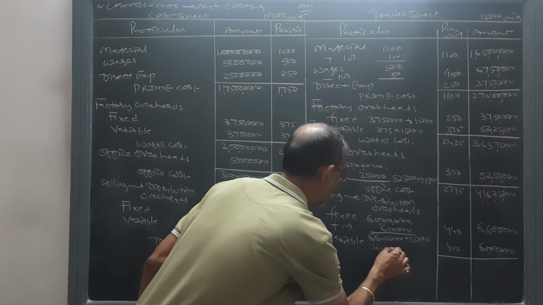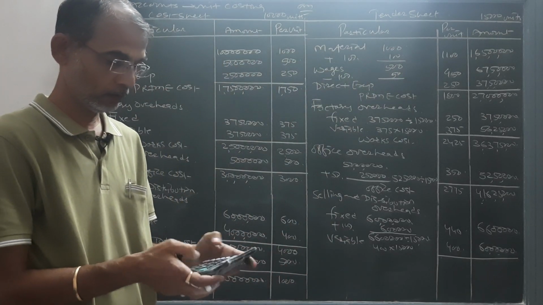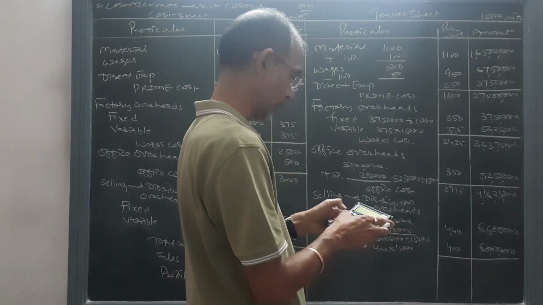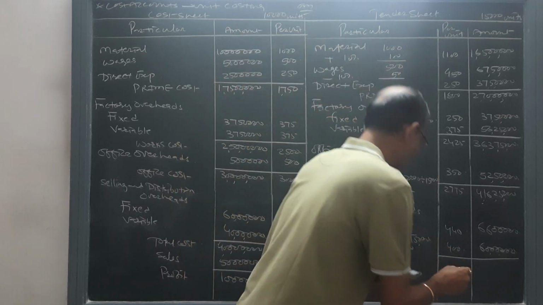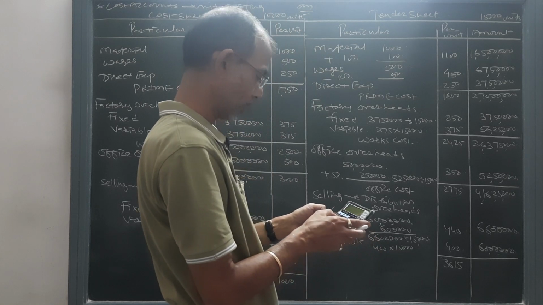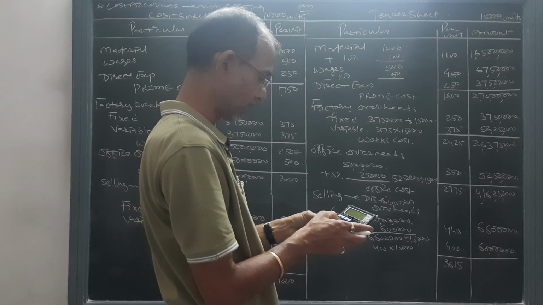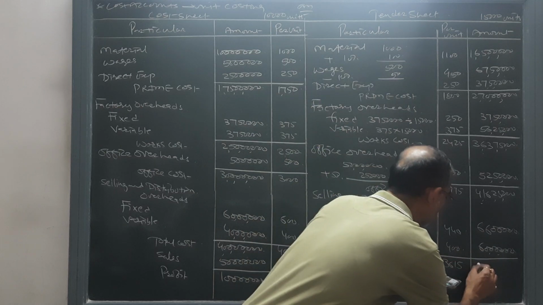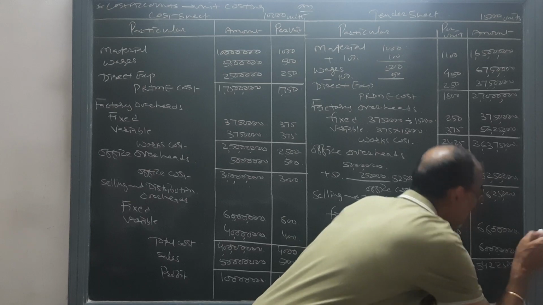Now total cost will come per unit as 2775 plus 840, 3615, and 4 crore 16 lakh 25,000 plus 66 lakh plus 60 lakh, 5 crore 42 lakh 25,000.